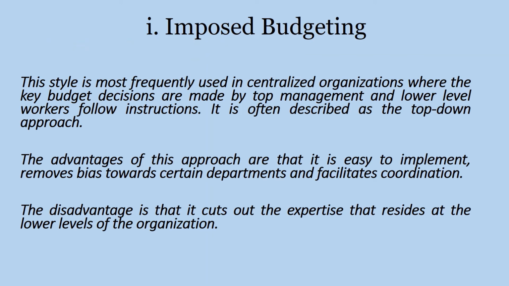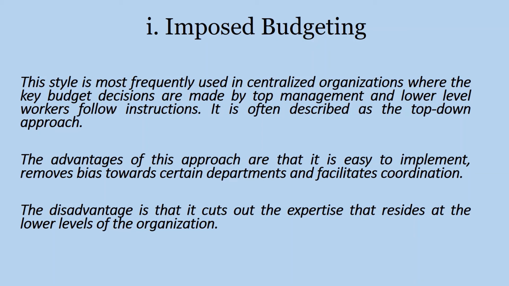The first style of budgeting is what is called the imposed budgeting or authoritarian type of budgeting. This style is most frequently used in centralized organizations where the key budget decisions are made by top management and lower level workers follow instructions. So the budget is imposed on the lower level workers by upper management.